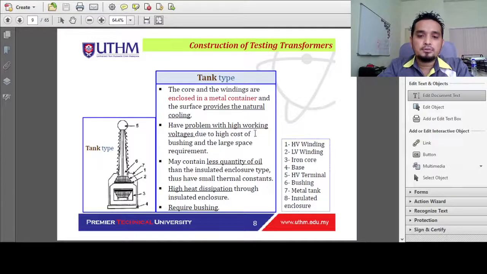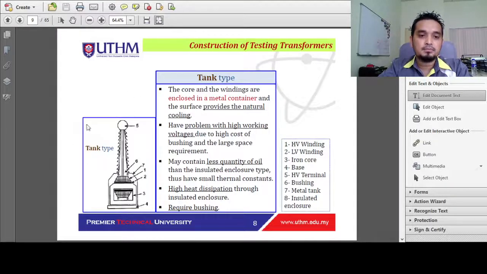And the problem is that this would require a bushing, which will increase the cost of the construction design, and large space, obviously. Because this tank type transformer is relatively higher, and when it becomes higher, we need a bigger clearance. That's why we might need a bigger space compared to the insulated enclosure type.